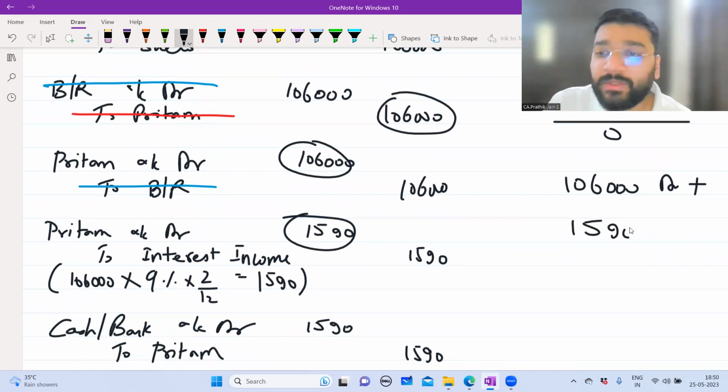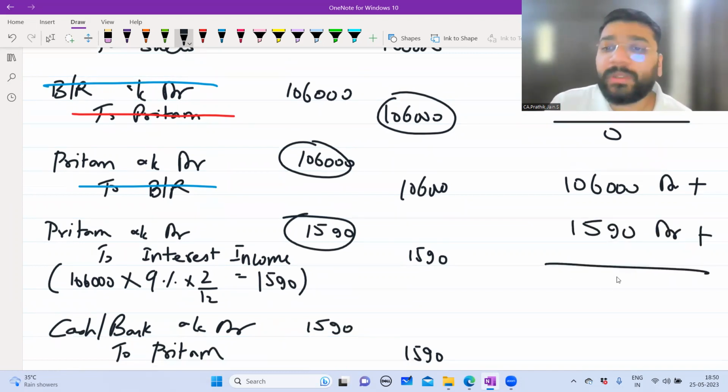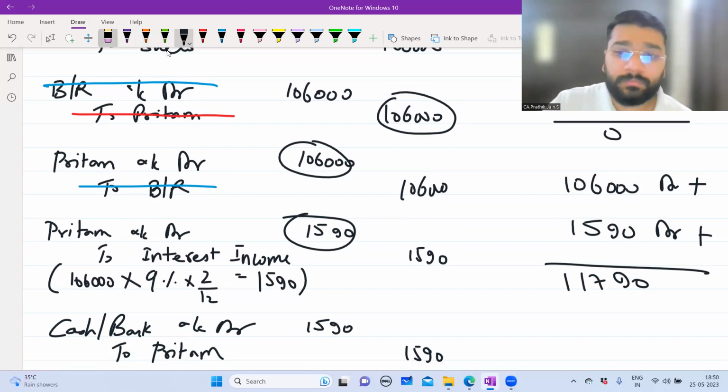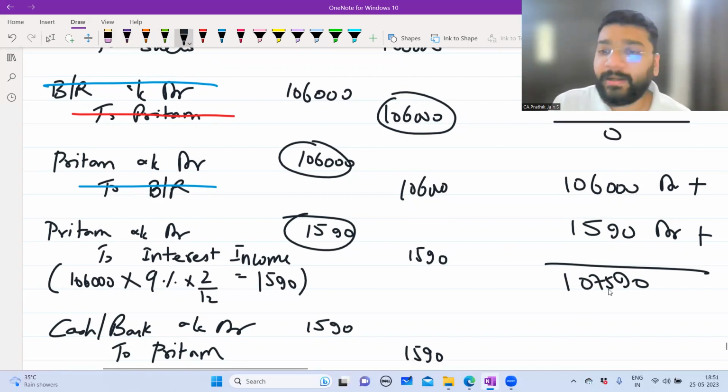So the total amount recoverable from him was 1,07,590.